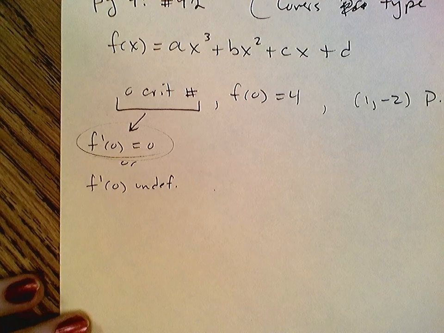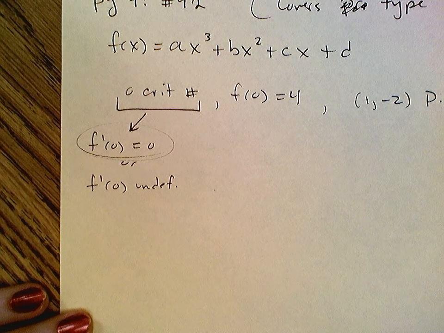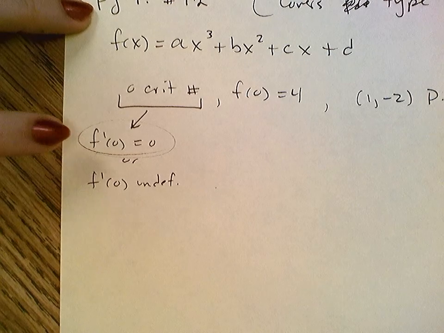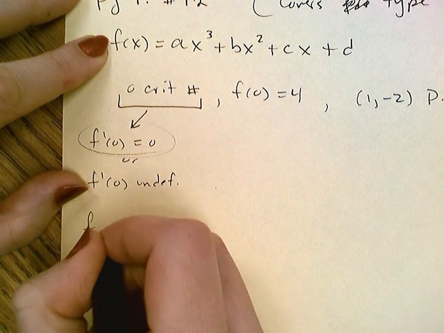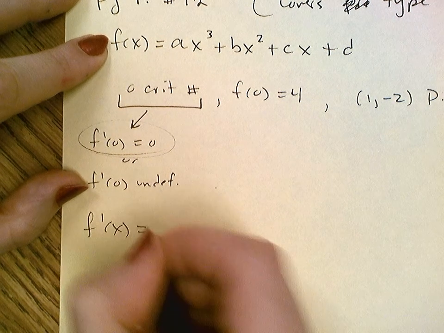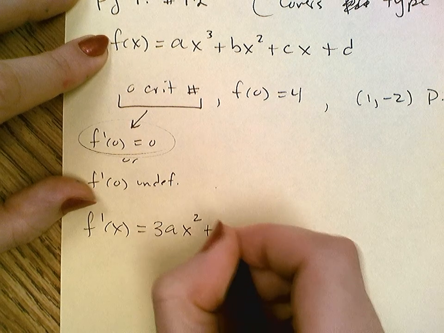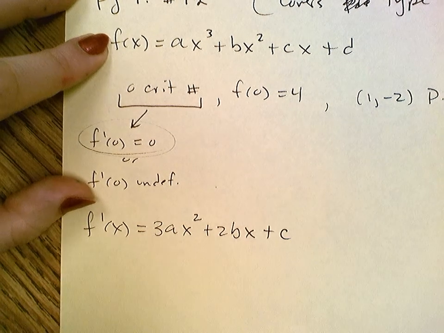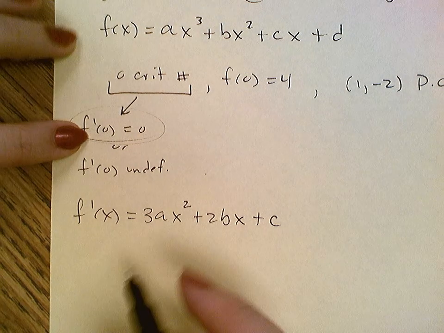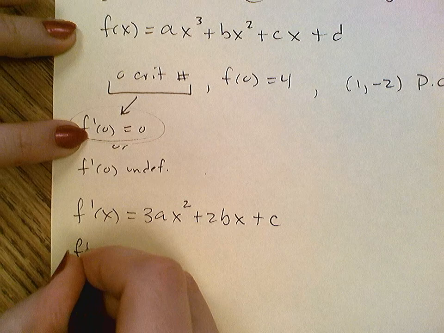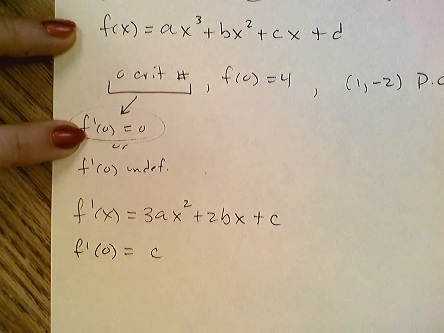So that will give you an equation. Let me take the first derivative of this. So f prime of x is equal to 3ax squared plus 2bx plus c. And then I know that f prime of 0 is equal to 0. So f prime of 0 equals, you plug 0 in and you just get c.